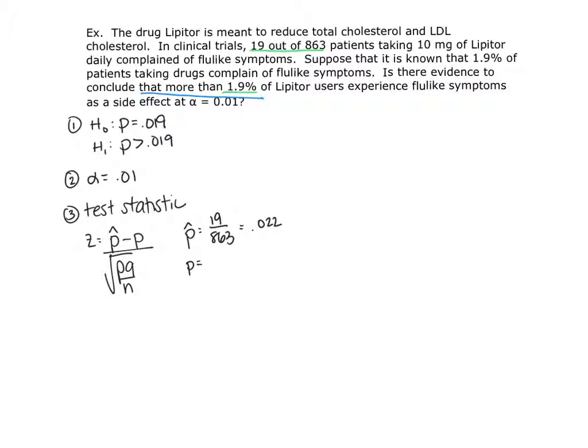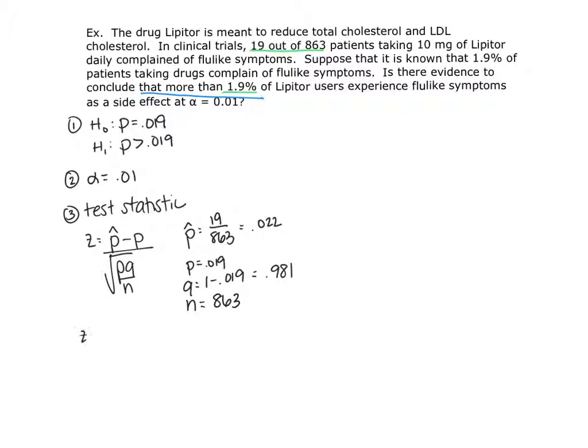P is our null value, 0.019. I just want to point out, we already said that P is equal to 0.019, so when we're down here identifying it, doesn't make any sense to call it something different. Q is 1 minus P, or 0.981. And N is 863, that's our sample size.